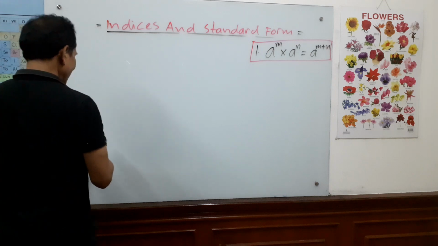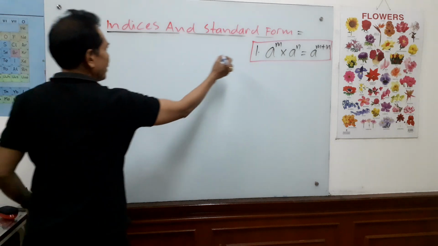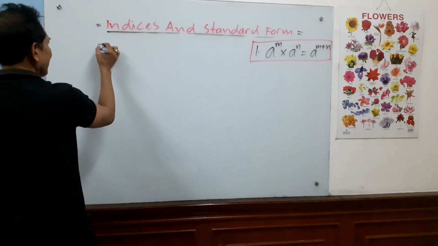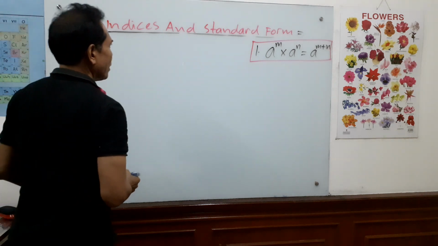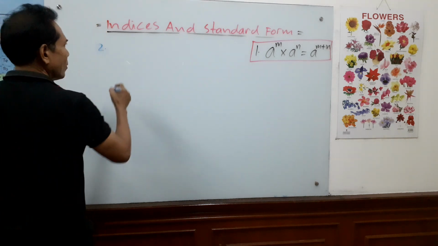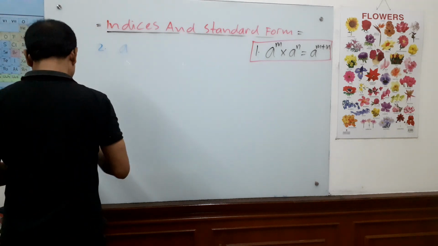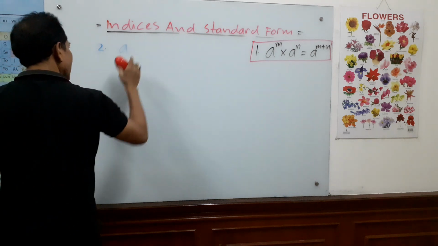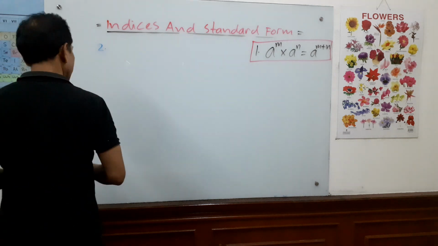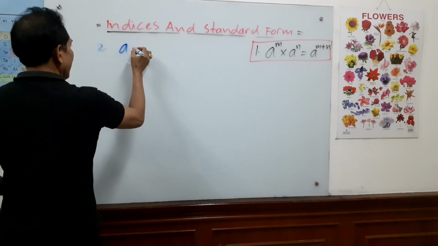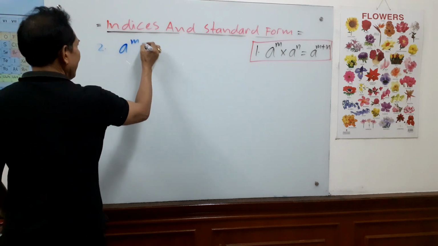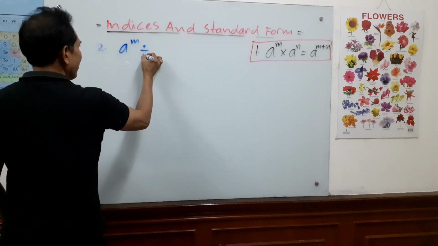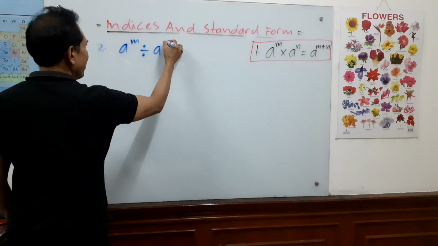Now we go to number 2. Okay, so this is number 1. We go to number 2. A power m divided by a power n.